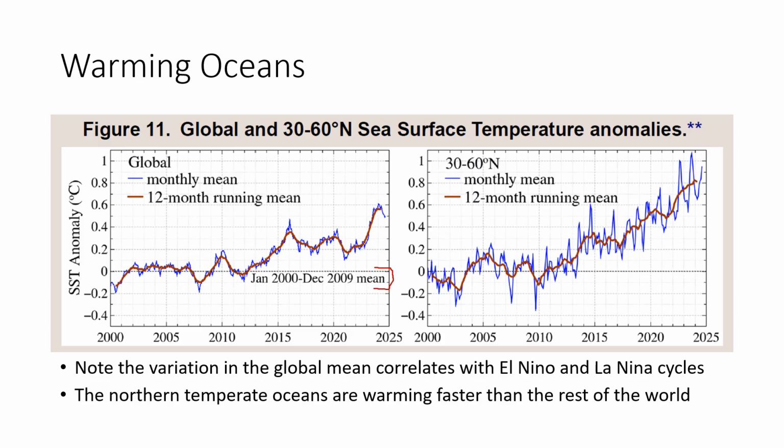So if you average all of these years together, they're hovering right around that baseline. This isn't even showing compared to a 1950 to 1980 average or a pre-industrial one, but we can see that we are seeing an accelerated increase of oceanic temperatures, both around the world and in the tropics, or sorry, the temperate regions, which is on the right.